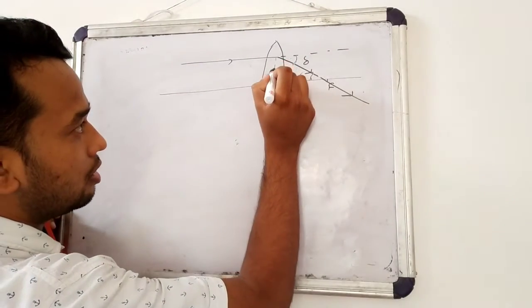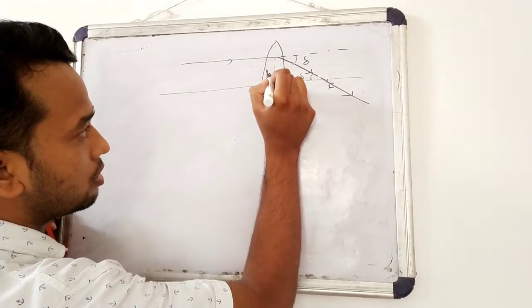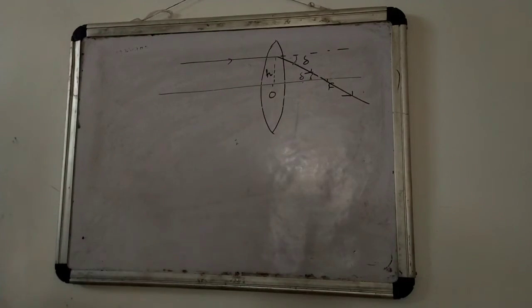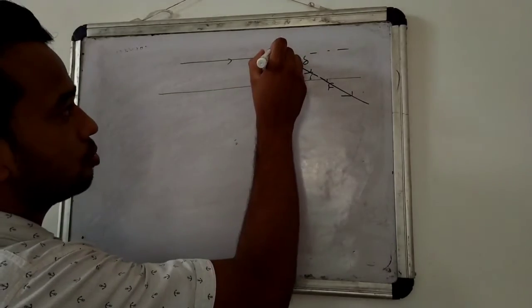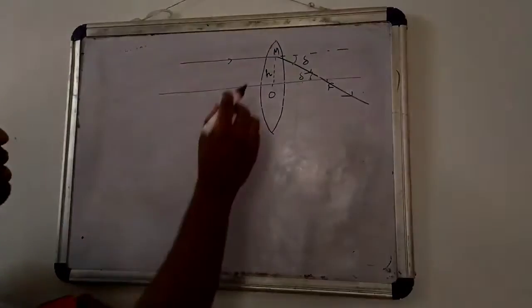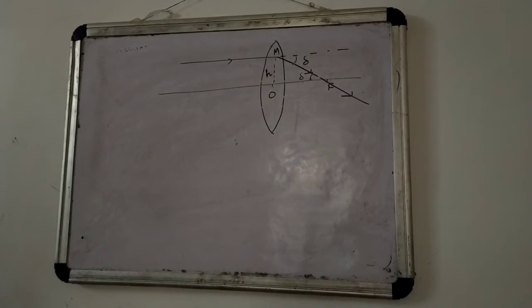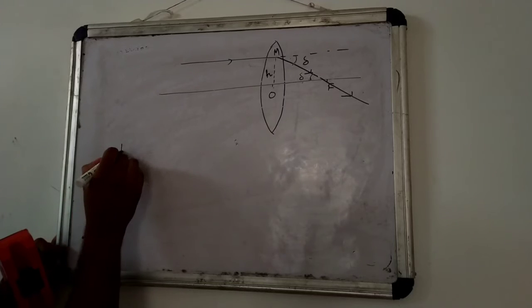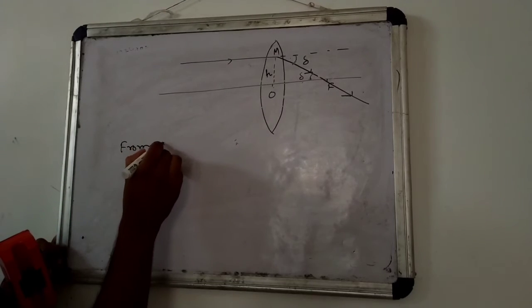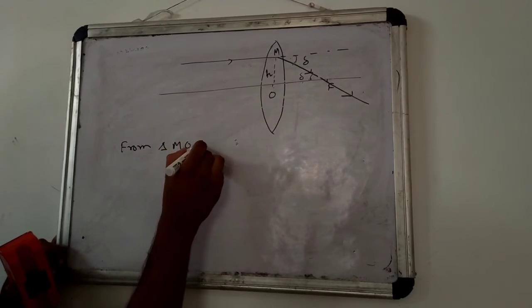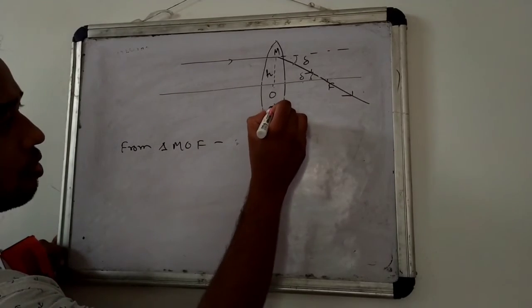So this is the height from the optical center at which the incident ray falls on the lens. Suppose we take this point as M. Then MOF is a right angle triangle. From triangle MOF, this is our focal length.